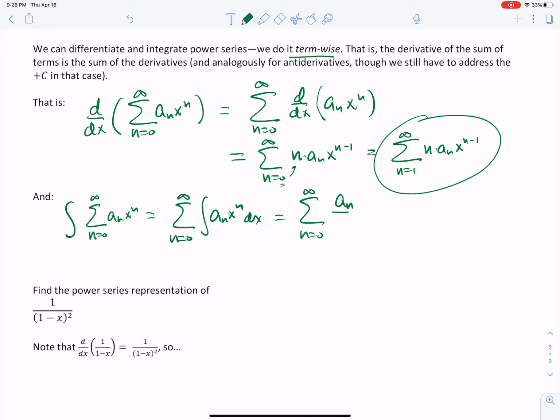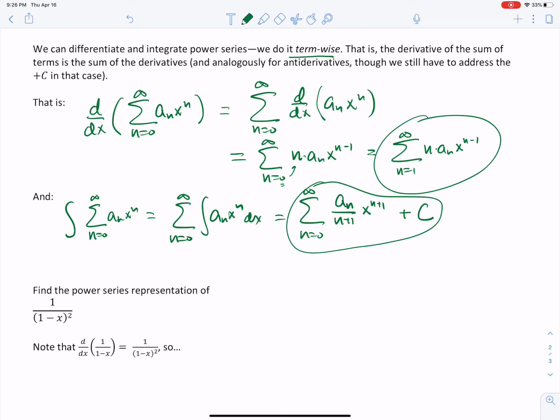I'm going to get a sub n over n plus 1 x to the n plus 1. And we want to keep in mind that oftentimes, if we're talking about an indefinite integral, we'll need to add a plus c to that, although we'll see that sometimes it's pretty easy to tell what the value of c is. And so this is our general formula for the indefinite integral of a power series.